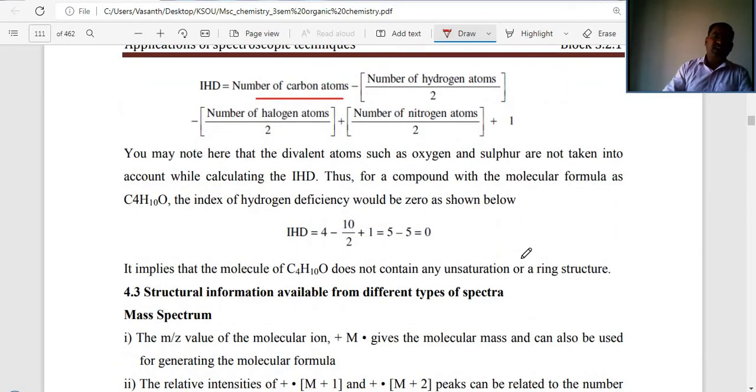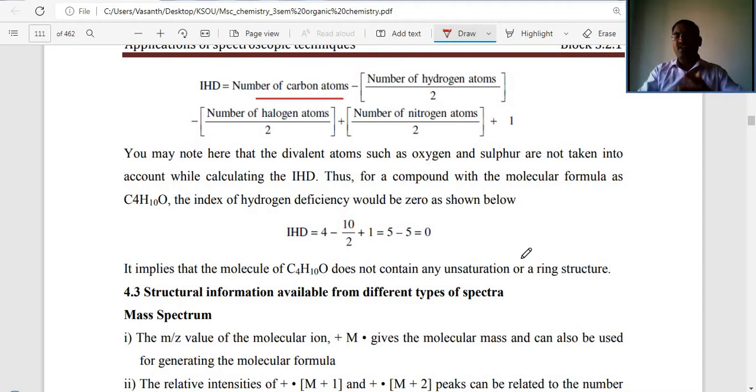You may note that divalent atoms such as oxygen and sulfur are not taken into account while calculating the index of hydrogen deficiency.